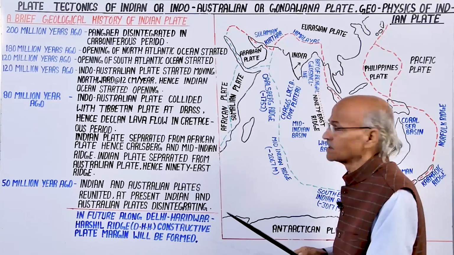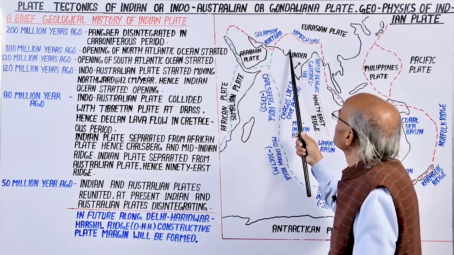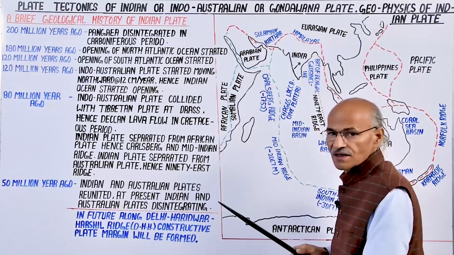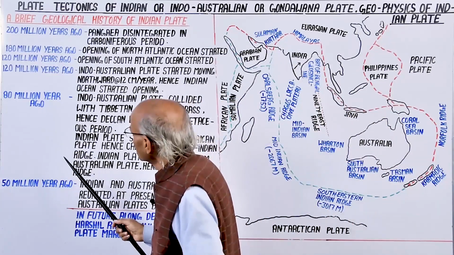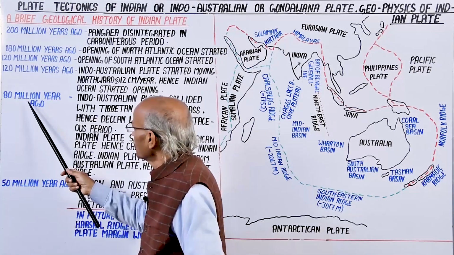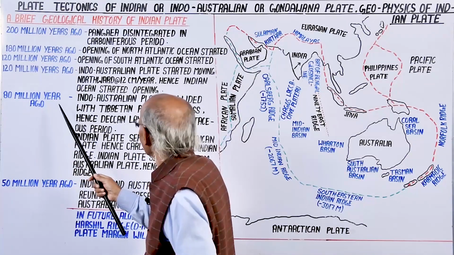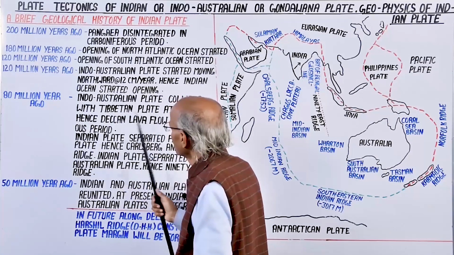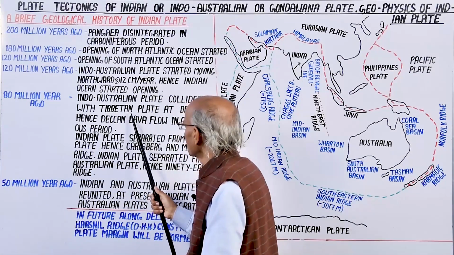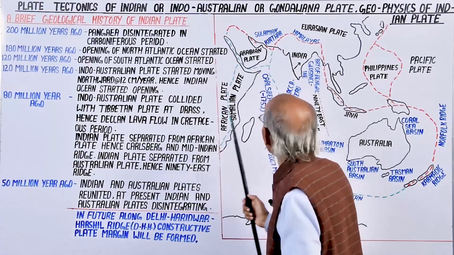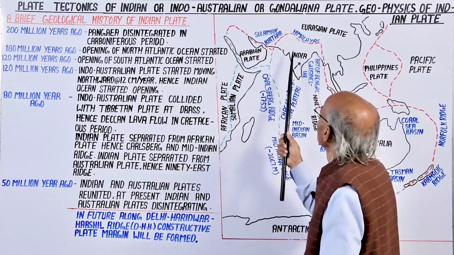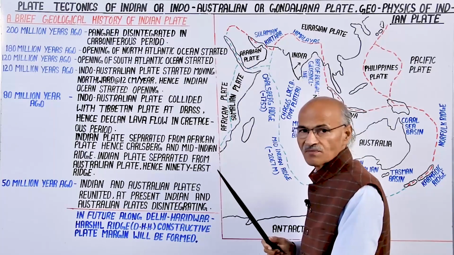And when this western horn collided near Dras, because the story continues that some 80 million years ago the Indo-Australian plate collided with the Tibetan plate at Dras. Dras is a place located in Jammu and Kashmir.